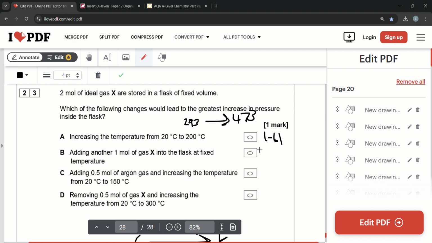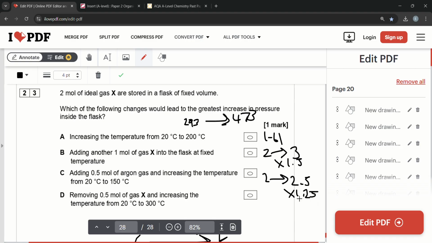So we've increased temperature by 1.61. In this case, we're adding a number of moles of gas. We're going from 2 to 3. Well, we're timesing by what? 3 over 2, so 1.5. Adding 0.5 moles of argon gas, we go from 2 to 2.5 and increase the temperature. So that's 1.25, that's times by 1.25.